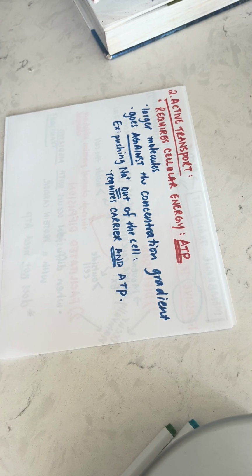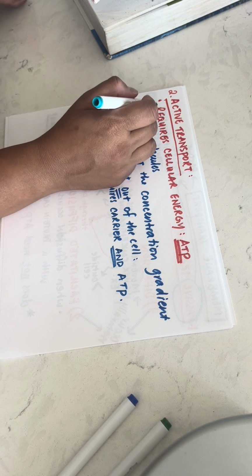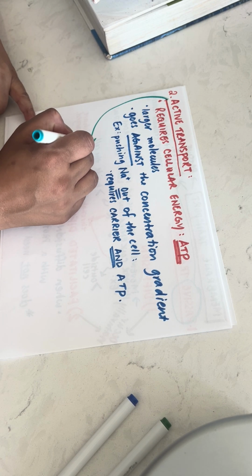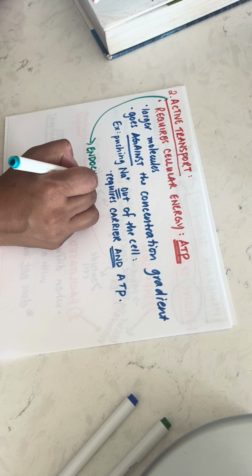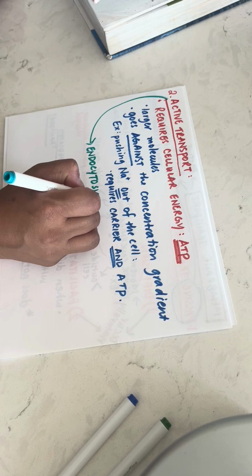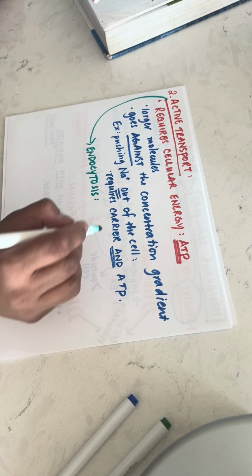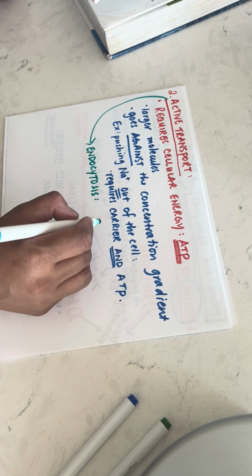Now, this whole process is known as something called endocytosis. We'll talk more about this later too. This is a process by which large molecules are taken into a cell.